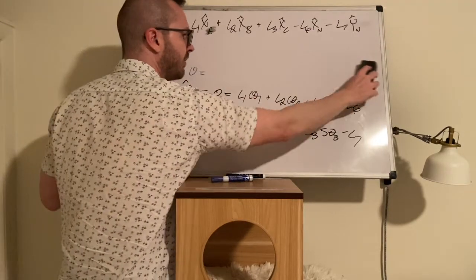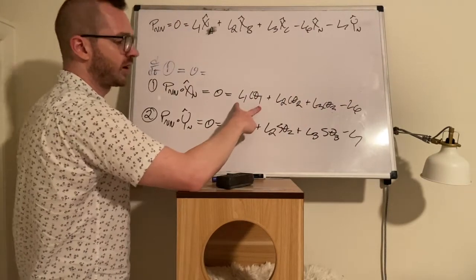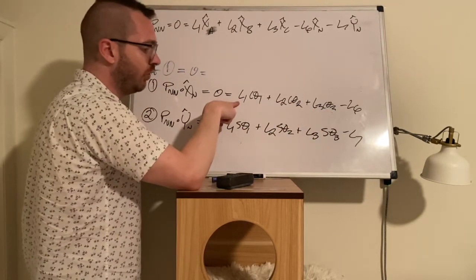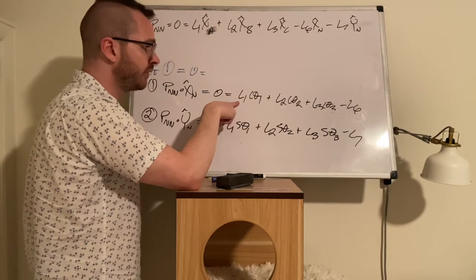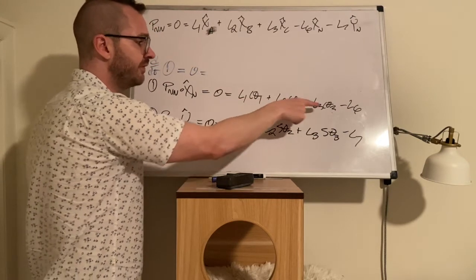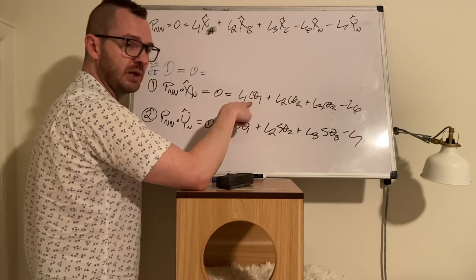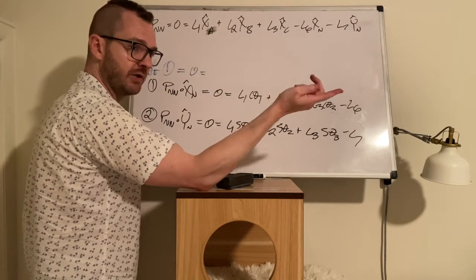Now, what's going to happen when we take those d/dt's? Product rule expansions on all of these. The L1s are all constants, so these are all going to go to 0. Each of these are conveniently cosines, so d/dt of cosine is going to be a negative sine, and then don't forget the chain rule.